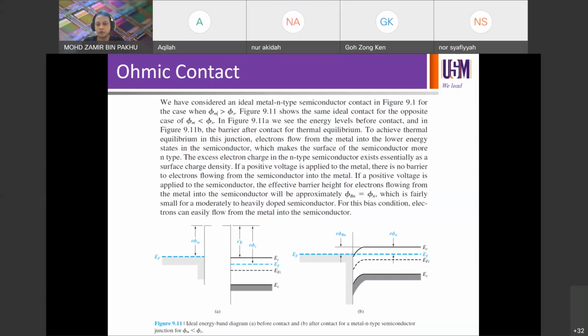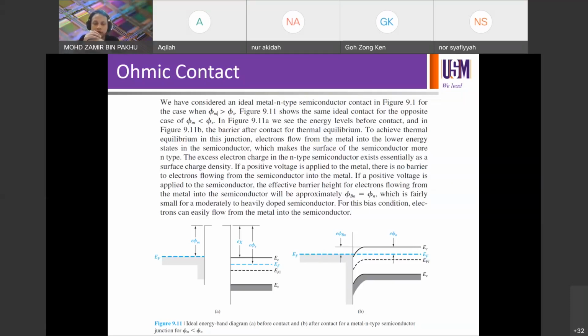Now you know that if the EF of the metal is higher than the semiconductor side, before they join together as an interface, electrons are going to flow from the material with higher EF to lower EF. The same is also true for the semiconductor: if your semiconductor has an EF higher than the EF of the metal, then we get the opposite flow of electrons.